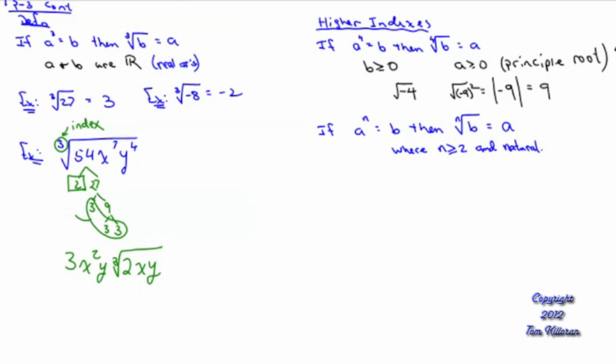Now, the only thing you have to be cautious about is when n is even. That's the only thing you have to be very, very careful about. Okay, so that takes care of all the indexes. Let's do a simplification on a higher index.